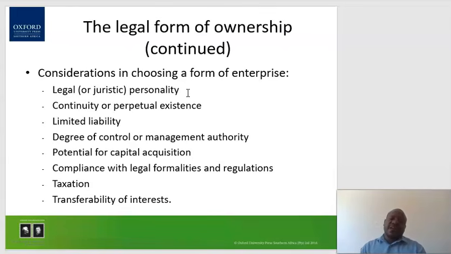We also look at limited liability as a factor when choosing the form of business enterprise. In terms of limited liability, you need to understand that there are forms of businesses that have limited liability. In this case, we are saying the liabilities of the business do not extend to a point where the creditors can attach the assets of the owners or of the shareholders.